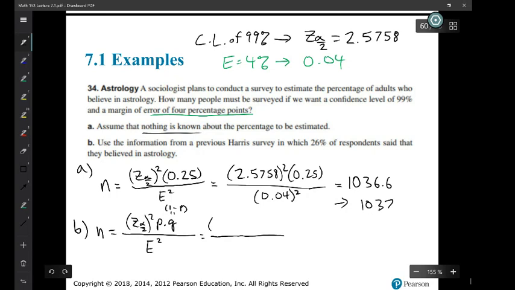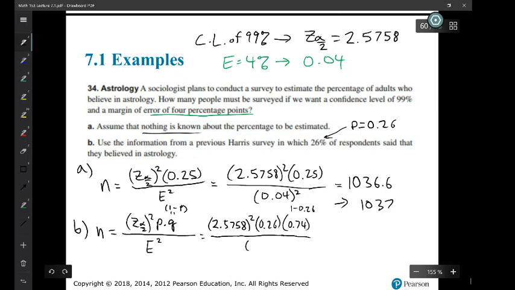So it's the same confidence level, 99%. Our critical value is again 2.5758 squared. But p is 26%, so 0.26. So we get 0.26 here. And then q, the complement of p, 1 minus 0.26, is going to be 0.74.